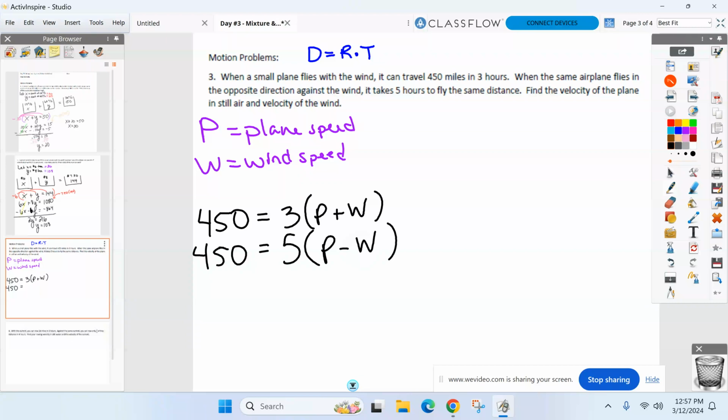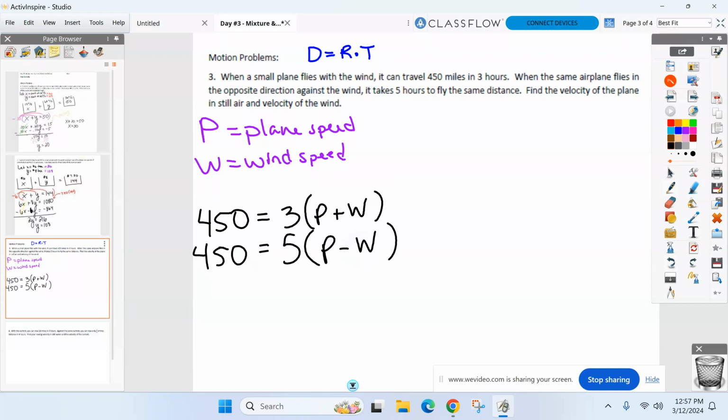All right, I debated today how I was going to show you how to solve this because there's a trick you could do, or we could do it old school and distribute the 3, multiply both sides by whatever you need to, and get rid of a variable. But I was like, you know what? These kids are pretty good. This is a rare year where I get a class full of ability, some of us. So I'm going to show you a little quick trick that makes this go a little easier.